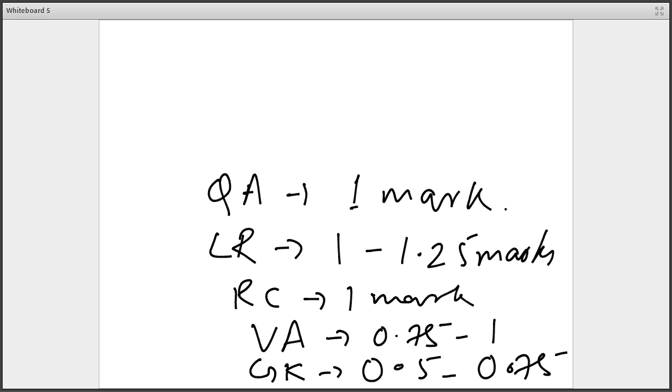Now, before we proceed ahead, it is very important to understand how IIFT forms the sections. First of all, remember that the sections in IIFT are not as per a set pattern. IIFT keeps on varying them.